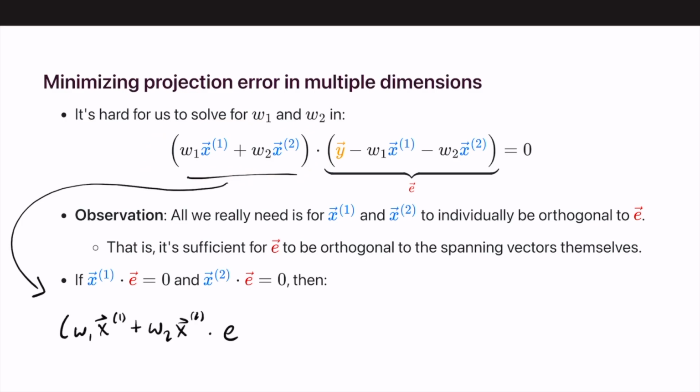So we can use the distributive property to rewrite this part right here. I suppose I should add that there. So what would that look like? Well, we can distribute the e into it, and this will give us w1 x1 e plus w2 x2 e.